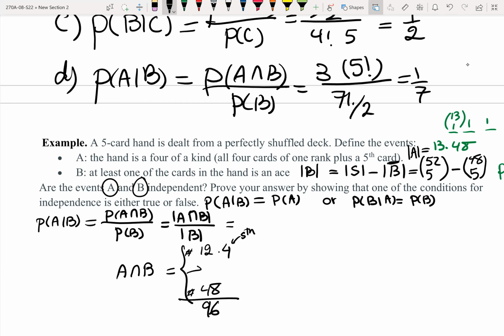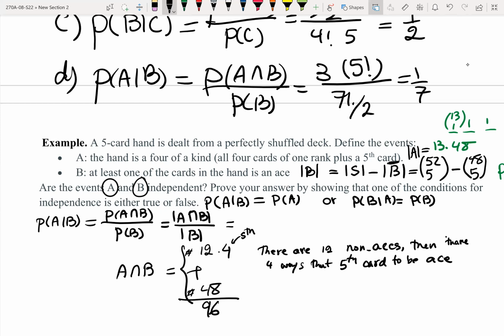So I'm going to write down over here. What did we say? There is one case which you have 12 non-aces, and then there are 4 ways that the fifth card is an ace.